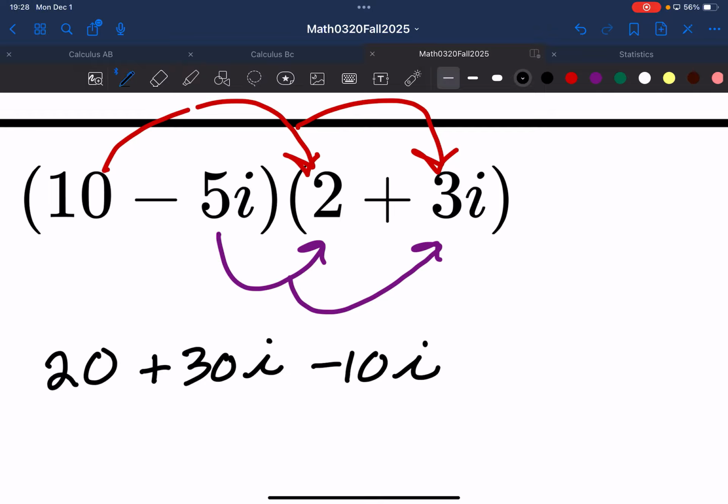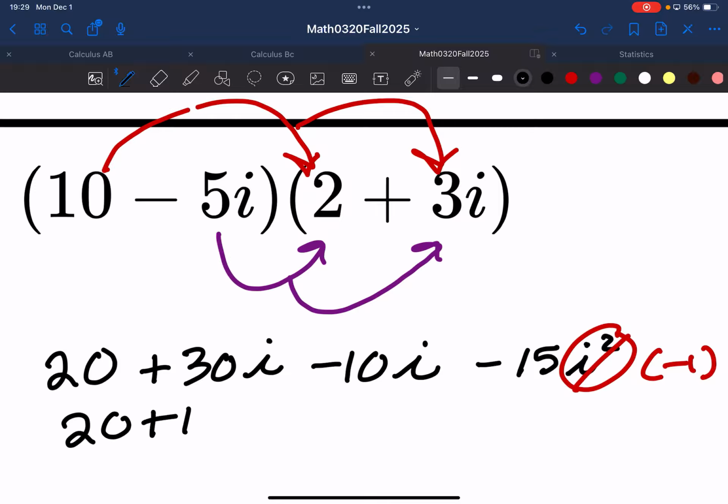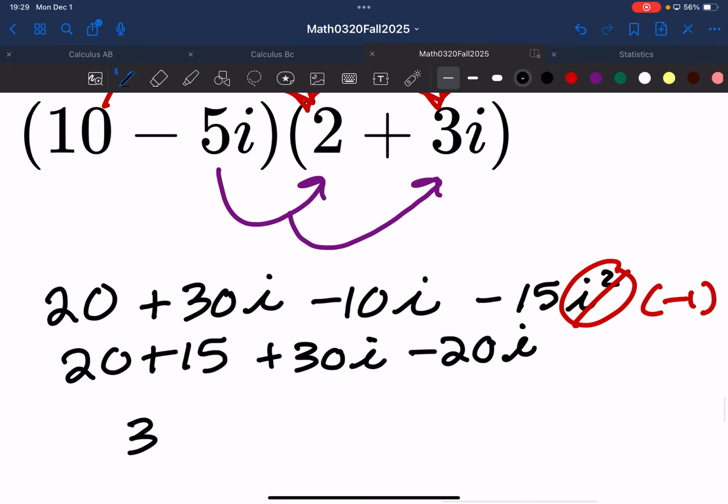And then the last one, negative 5i and 3i, is negative 15i squared, right? Because I have an i times an i, so it's i squared. So I know that i squared is what? Negative 1, right? So technically I have 20 plus 15, because negative 15 and negative 1 is positive 15, and then 30i minus 20i. So that gives me 35 plus 10i, and that's my answer.